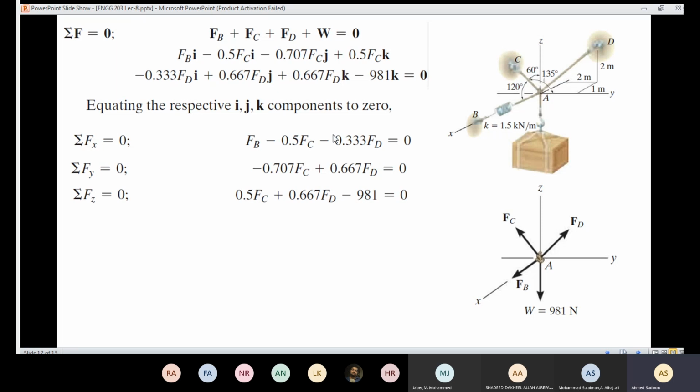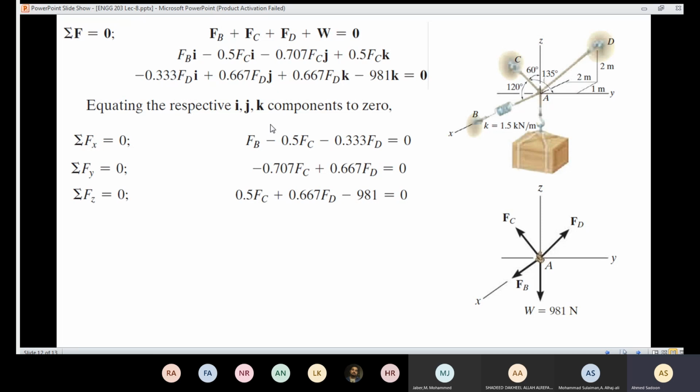Now I have 3 equations, equation 1, equation 2, and equation 3. And how many unknowns do I have here? I have FB, FC, and FD in all the 3 equations. So now I have a system of 3 equations and 3 unknowns.